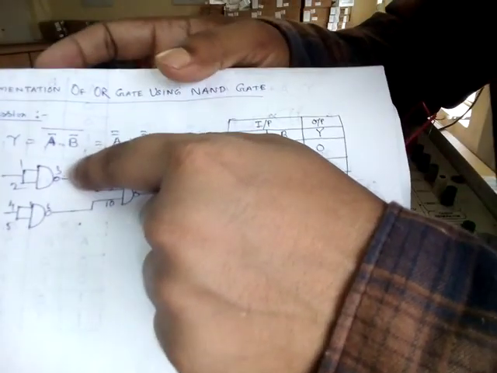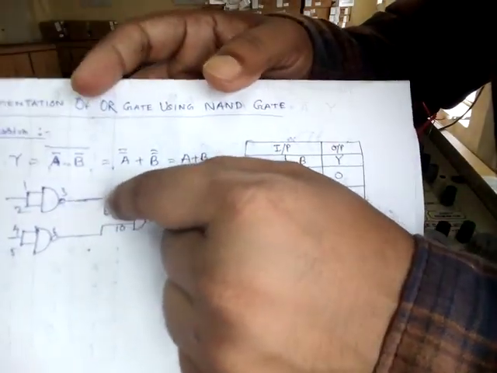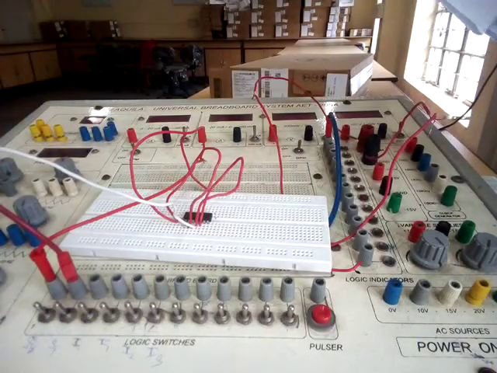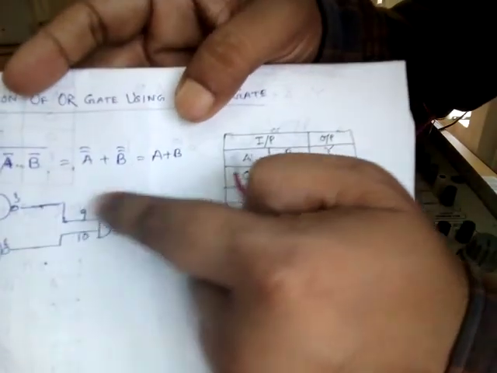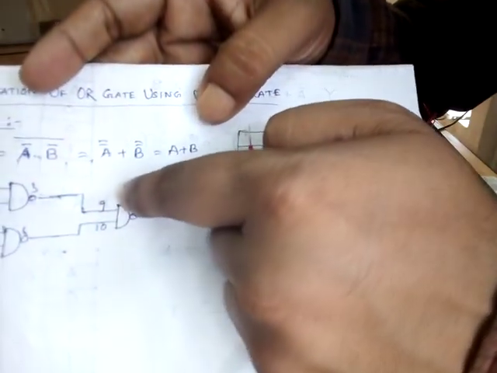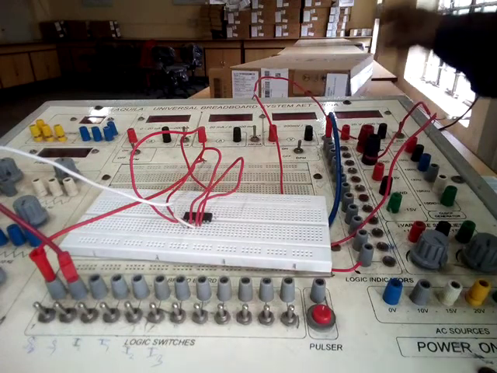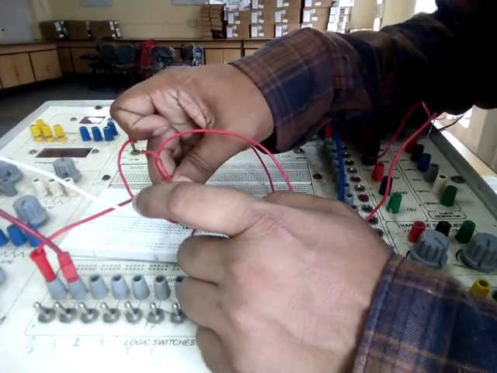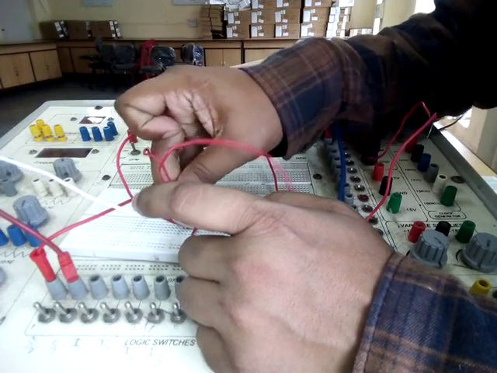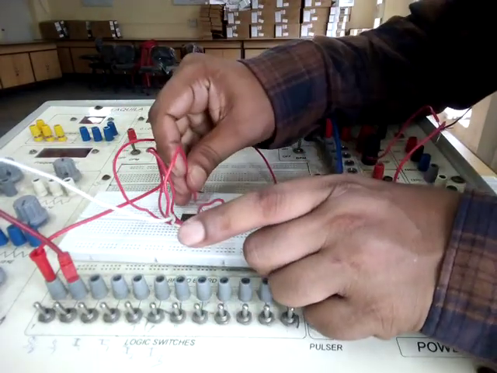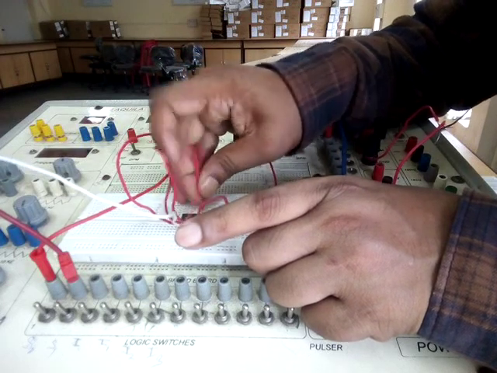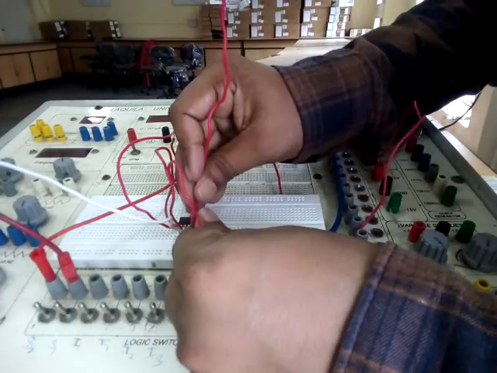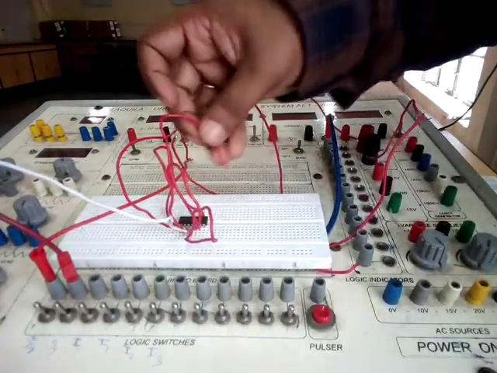And the outputs from 3 and 6 will go to pin number 9 and 10. So we have to short from 3 to 9 and from 6 to 10.